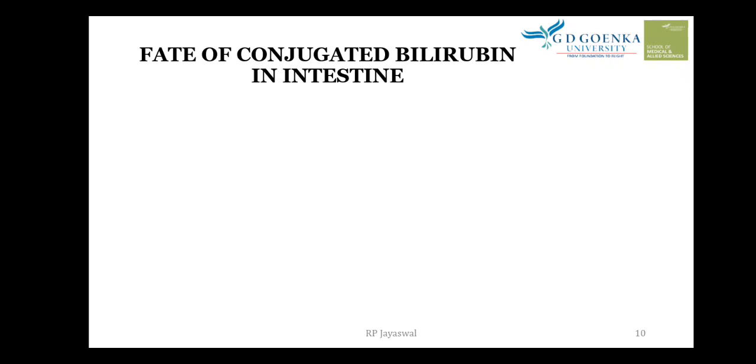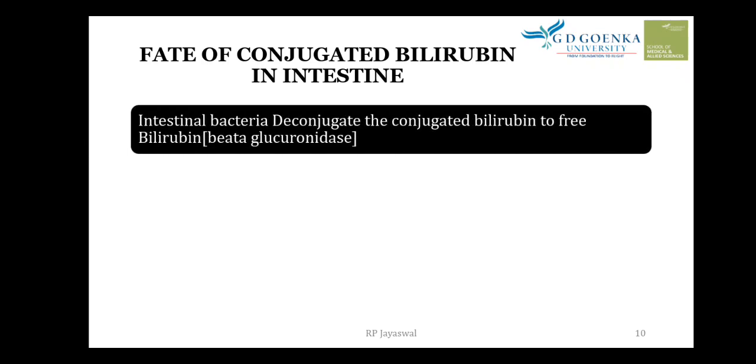What is the fate of conjugated bilirubin in the intestine? Intestinal bacteria deconjugate the conjugated bilirubin to free bilirubin. Intestinal bacteria have a beta glucuronidase, and this enzyme has the ability to deconjugate it again into free bilirubin.